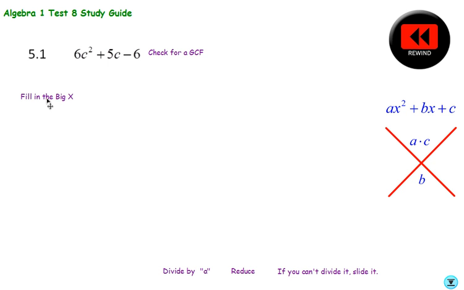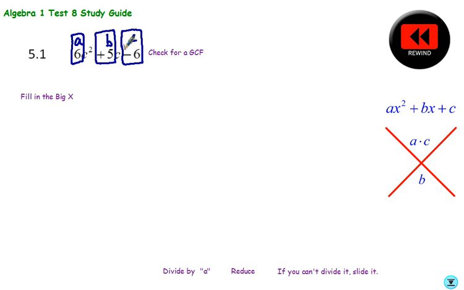As far as my A, B, and C, I can see that my A is 6, my B is 5, and my C is -6. So there's my A, my B, my C. You might notice that in the other problem I highlighted the ABC, and in this one I wrote ABC and drew some boxes around it.